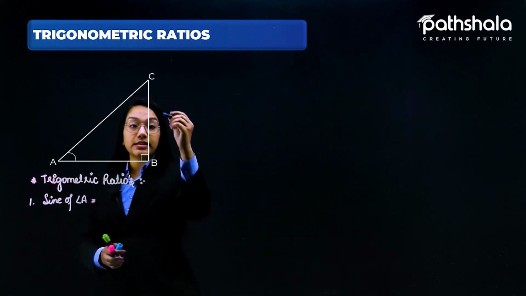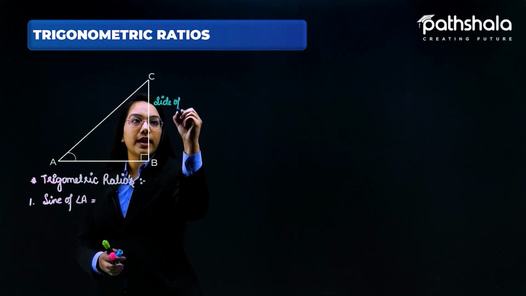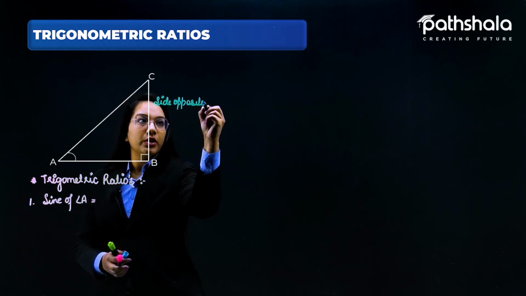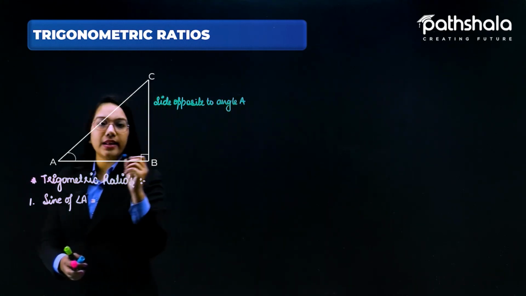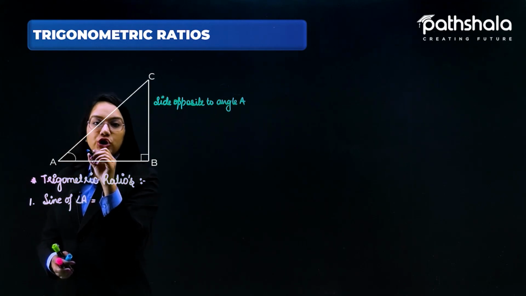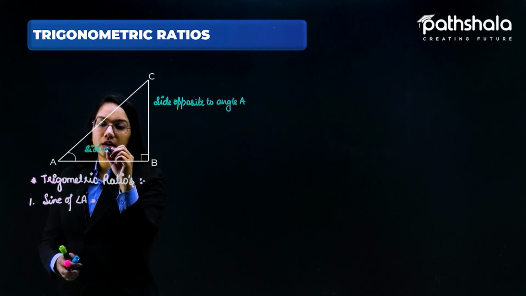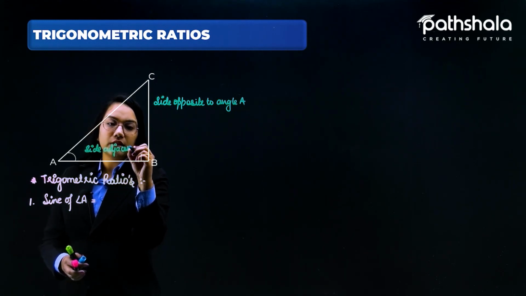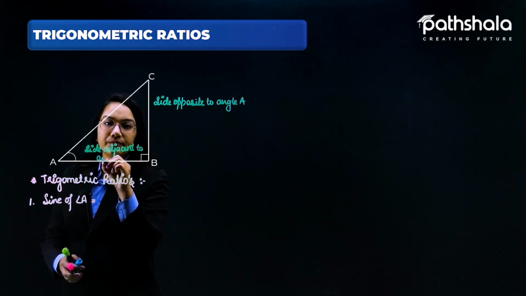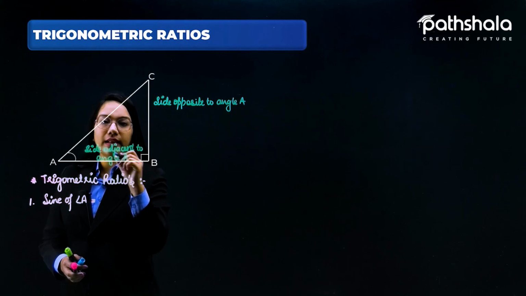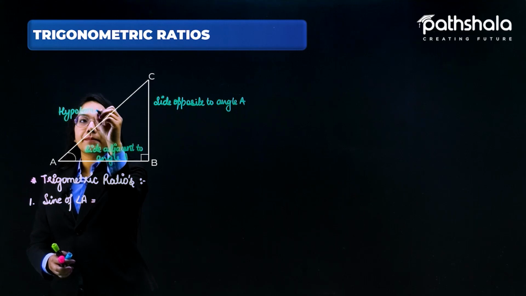This side is called the side opposite to angle A, this side is called the side adjacent to the angle A, and this is called the hypotenuse.